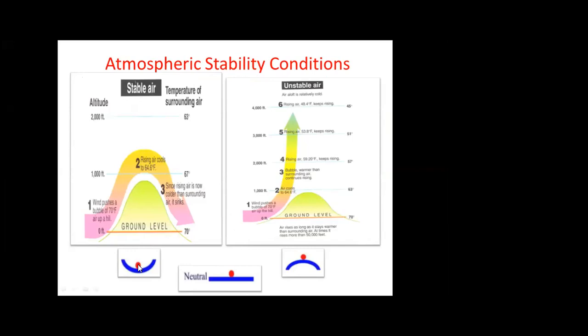If I consider the red one as a pollutant, and this is the profile of the air near the ground, which doesn't mix with the atmosphere. That means the pollutant remains near the ground. This is the stable condition, meaning the pollutants are not dispersed vertically.